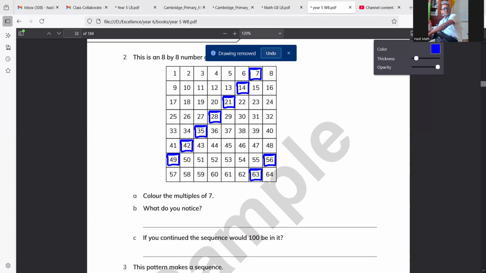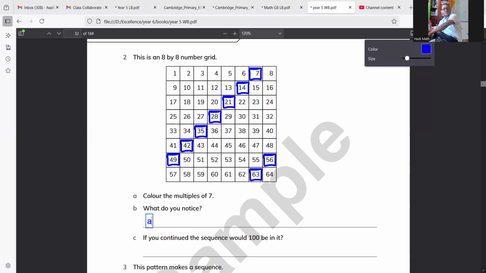All of them, they are what? In diagonal. Okay. They are in diagonal. This is what you notice.